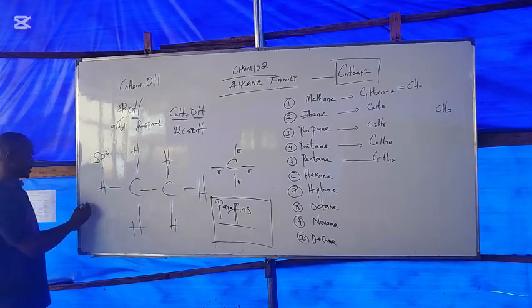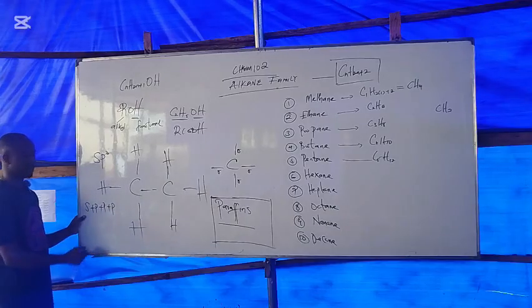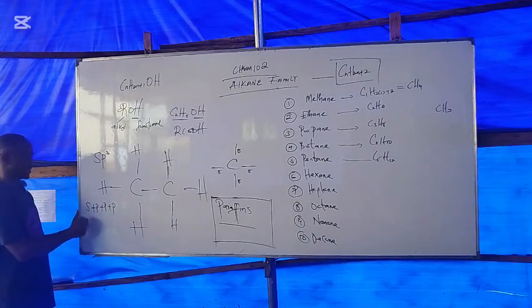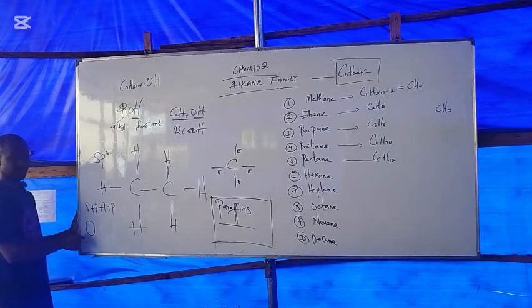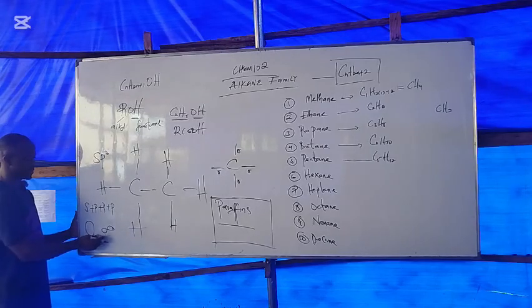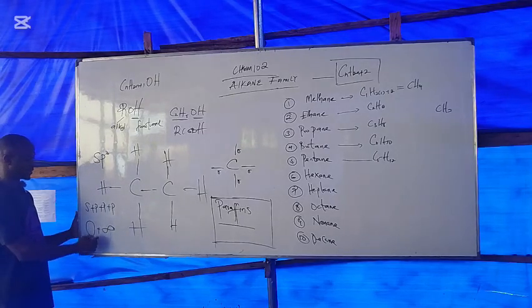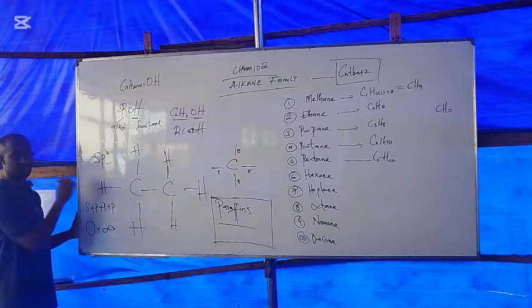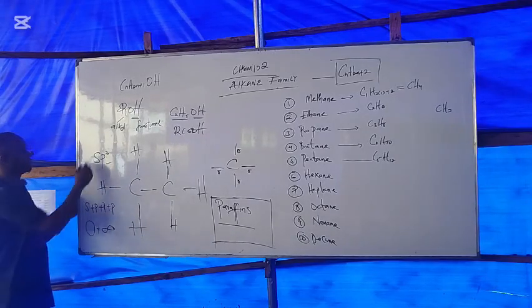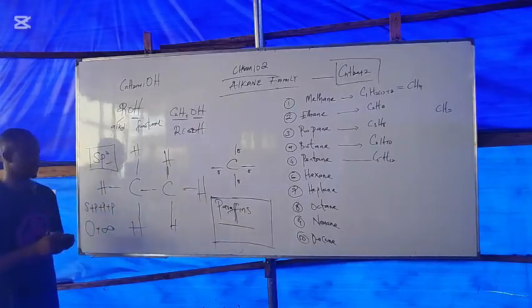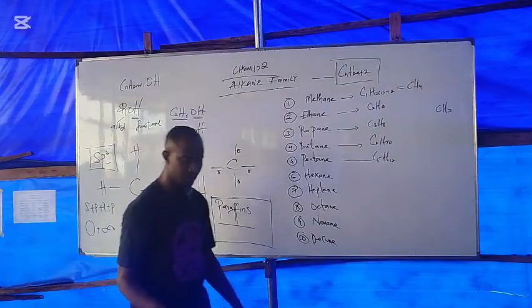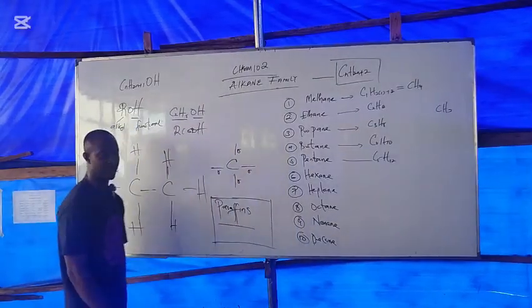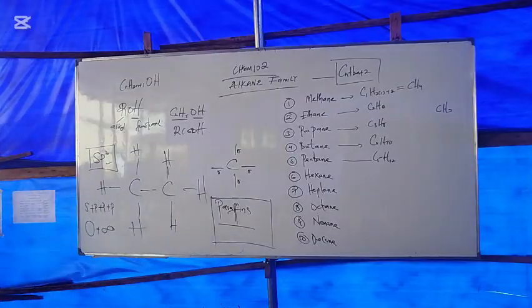The word sp3 means one s orbital plus three p orbitals. The s orbital represents a sphere, while p represents this. When you combine one of these with three of these, that will form sp3. I will teach hybridization as a topic. They are sp3 hybridized.